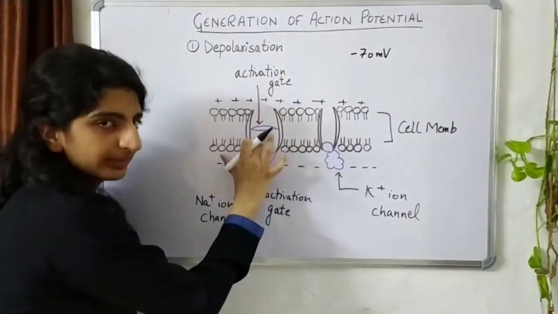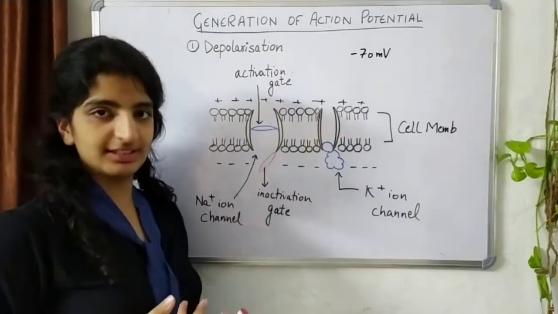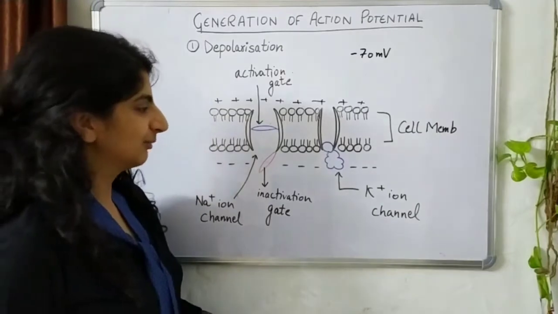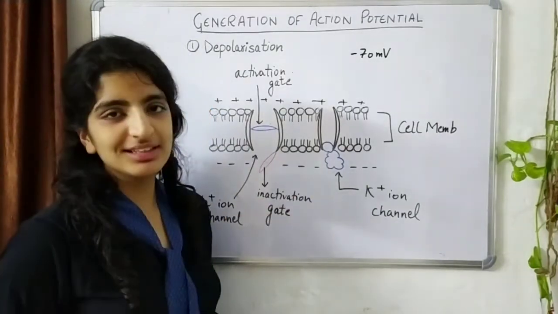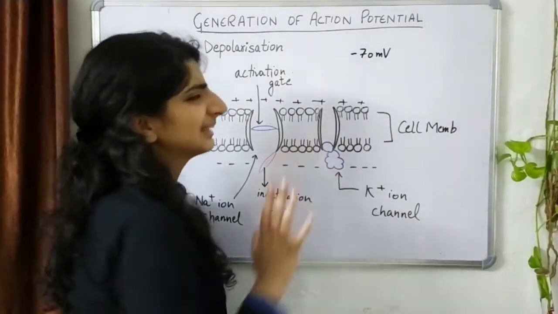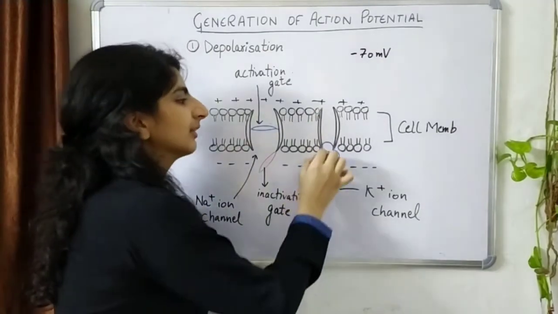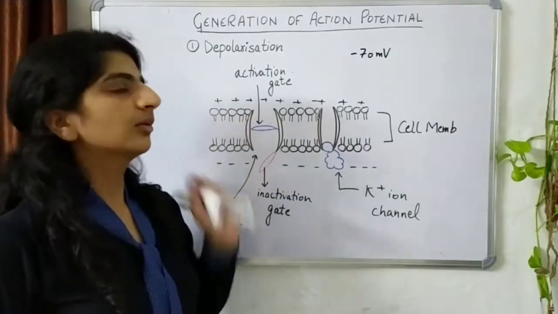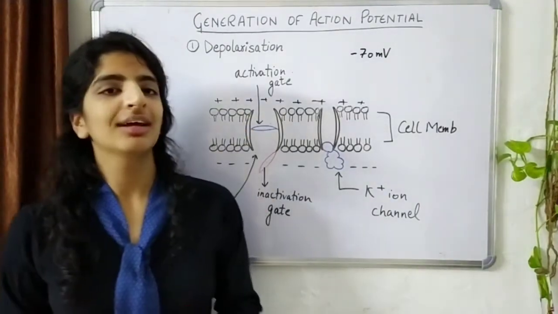This will open when we have to activate this channel and close when we have to inactivate it. The potassium ion channel is a simpler one. It just has one blockage that will either open or close this channel depending on the state of the action potential.